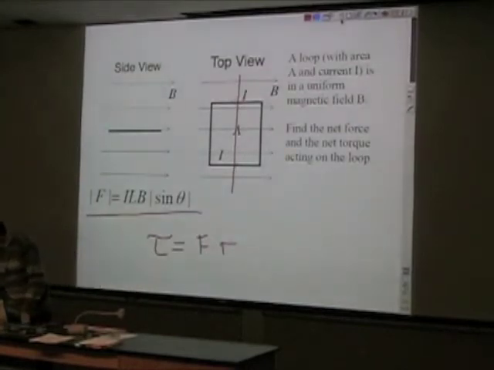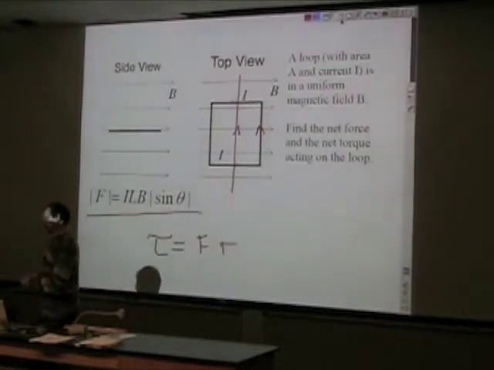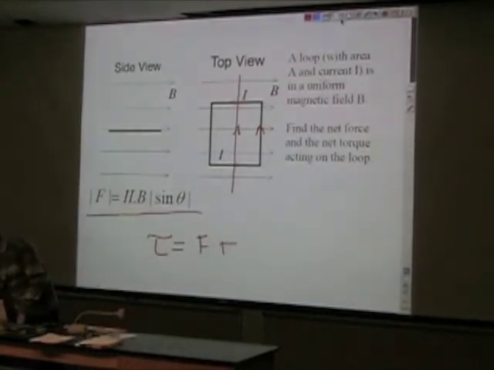So, let's say this side of the loop. The current travels up, the magnetic field points to the right, so current, field, the force acting on this part of the loop points straight down. We reverse the direction of the current, we reverse the direction of the force.